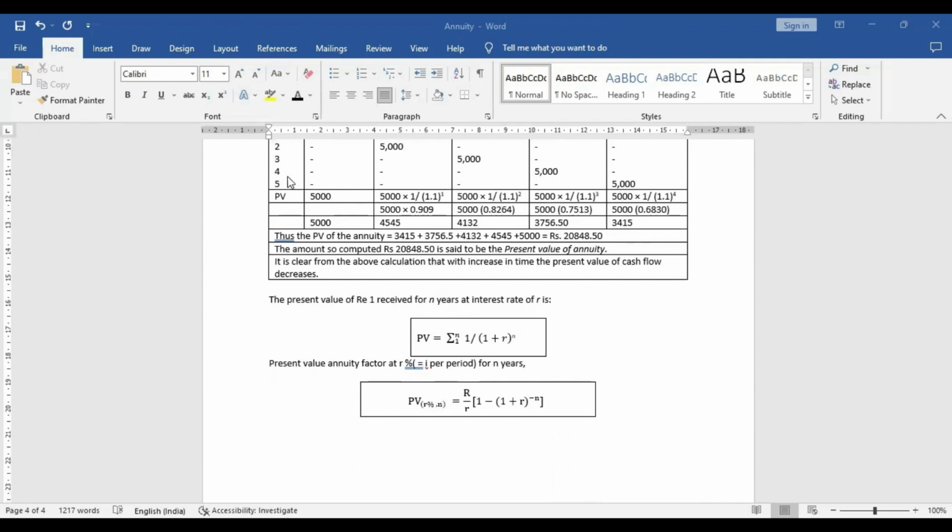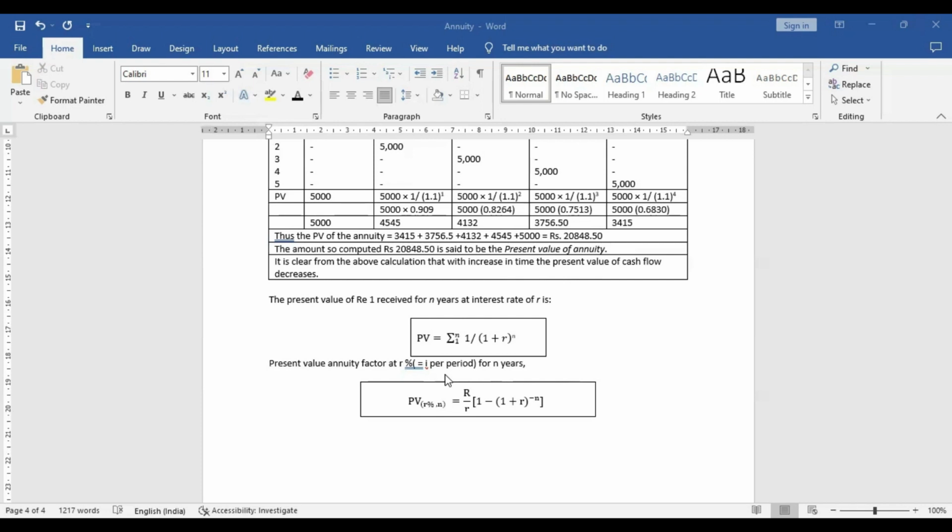Again, I say that 5 installments were possible to show on an A4 size paper. But when the number of installments increases to 10, 20, 40, 60, then it will be a bit difficult for us to calculate. Then we can make use of the present value annuity table.